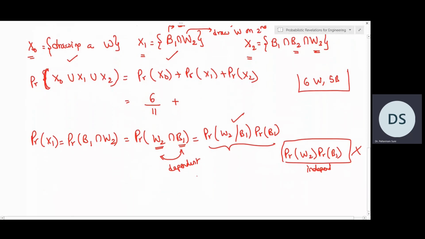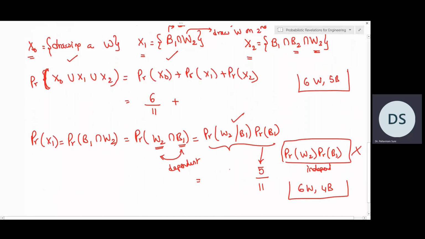Now coming to the probability of this, so probability of black in the first draw. Black in the first draw means we have 5 balls which are black. So 5 by 11 should be the probability of black, B1. Now coming to probability of W2 given B1. So this says that in the first draw, black is drawn, that is given to us. So when black is drawn in the first draw, by the time we come for the second draw, we will be left with 6 white balls and only 4 black balls.